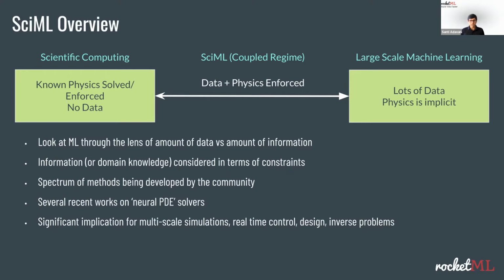There are significant implications working in this space, from multi-scale simulations, trying to design new materials, inverse problems, et cetera. Most of the talk will focus on this intersection of how we introduce physics and also use data to build these ML models.